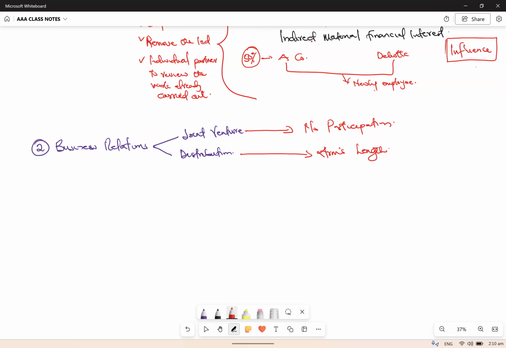If the transaction is at arm's length, then it does not constitute a threat to independence. But if it is not arm's length, then no, you cannot. But the tricky ground is, will we know in practice whether it is arm's length or not?